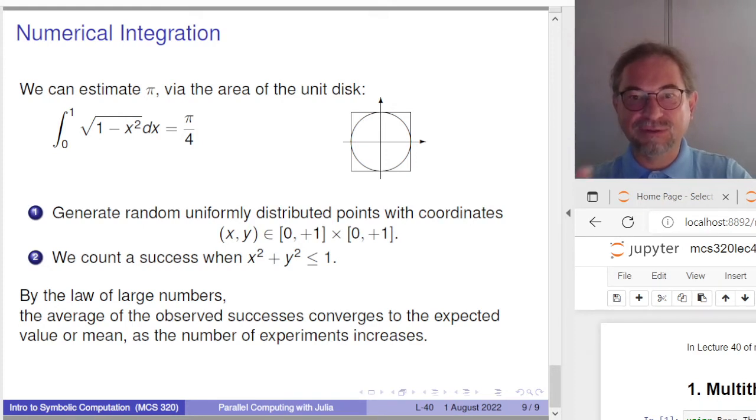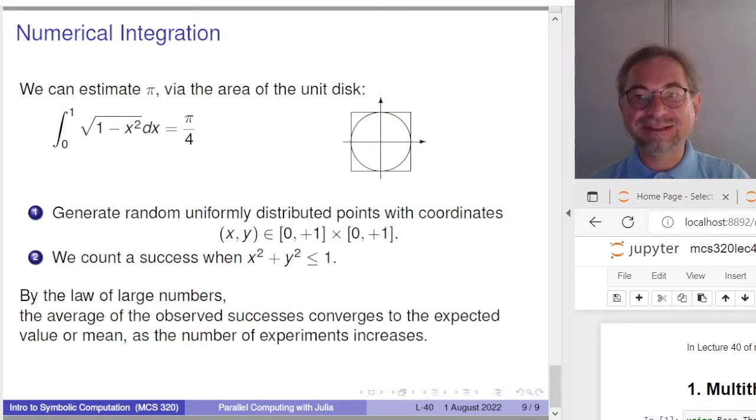In a nutshell, it's throwing darts. So I have this unit disk there, and we throw darts in this circle. Some of them may end outside the circle, and we count as a success those darts that end up in the first quadrant. So we restrict ourselves to a square, the unit square, taking samples uniformly distributed in the interval [0, 1].